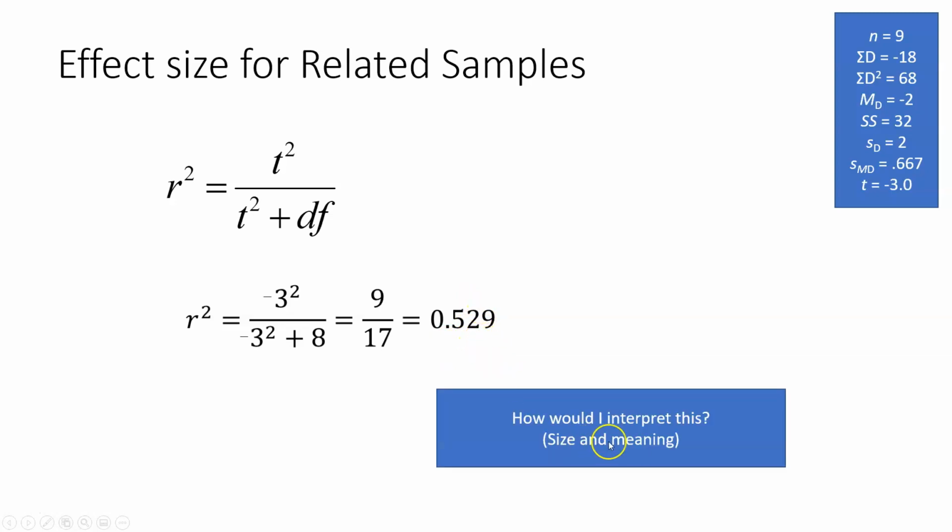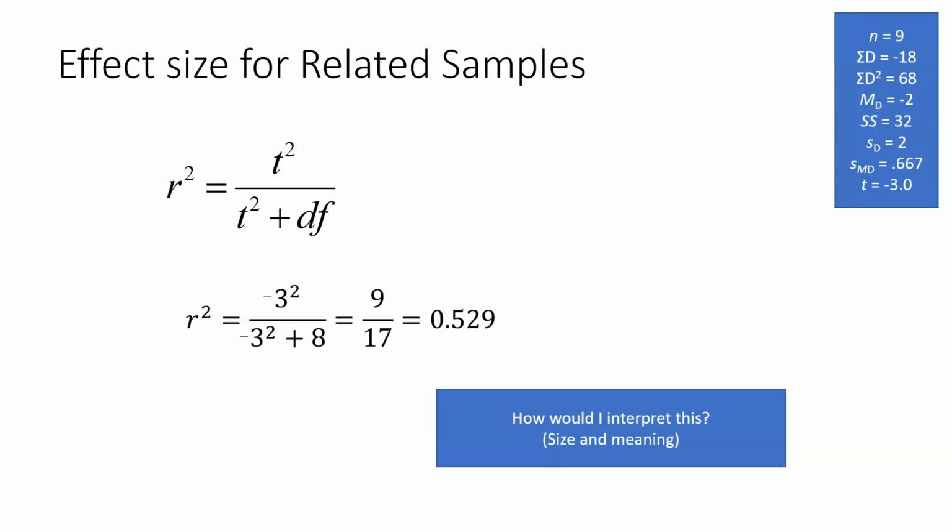0.529. We need to interpret this in terms of its size and meaning. Please pause your video and try to do both of those. Hopefully you said that the size was large. Remember, the R squared table of size values is different than the table of Cohen's d values.